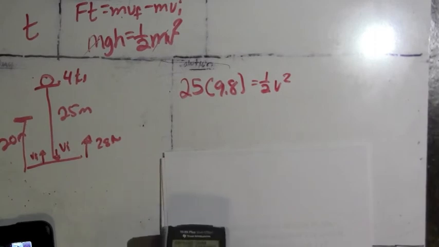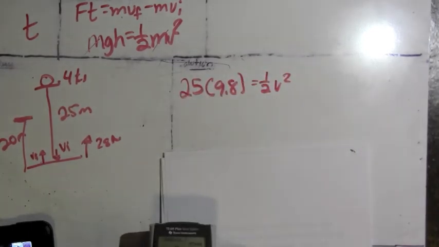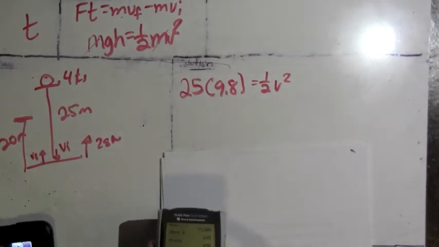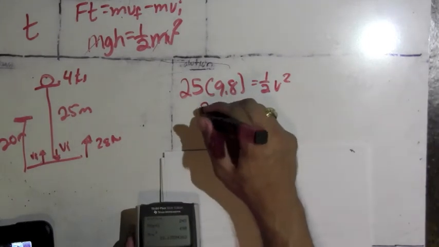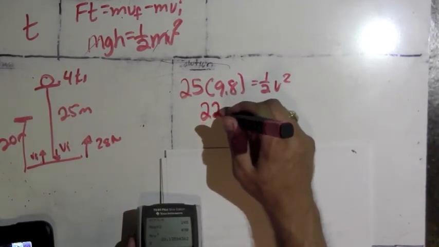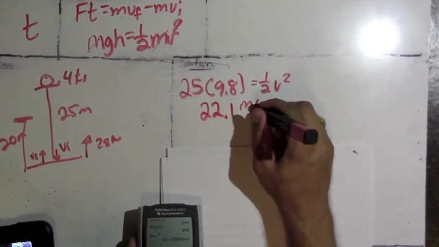So 25 times 9.8, move the 2 over to the other side, take the square root, and you get the velocity as it strikes the ground is 22.1 meters per second.